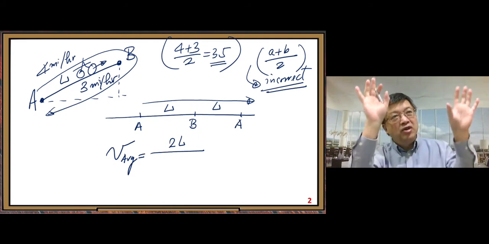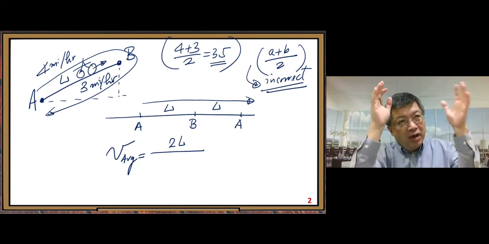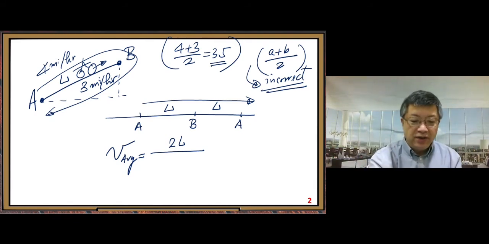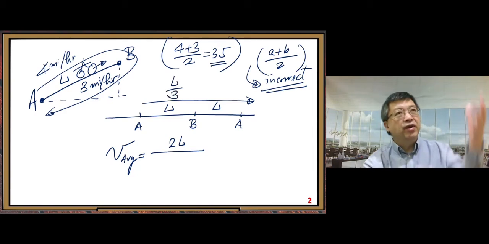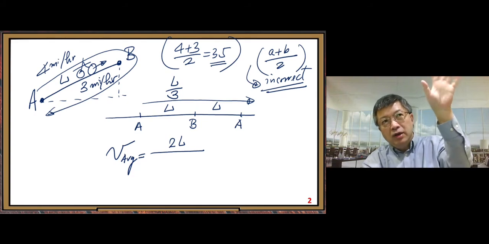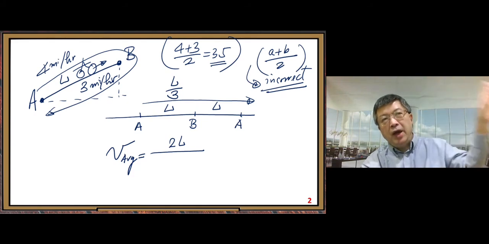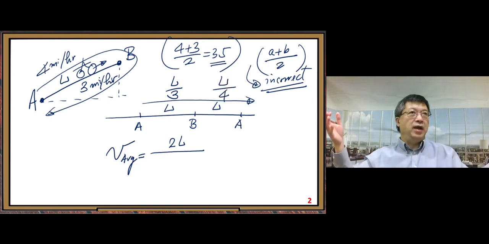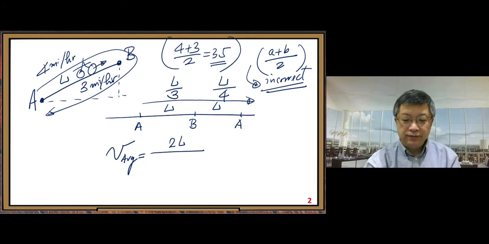From A to B, how many hours do you need? The distance L divided by the speed 3. From B back to A, how much time do you need? The distance L divided by 4.